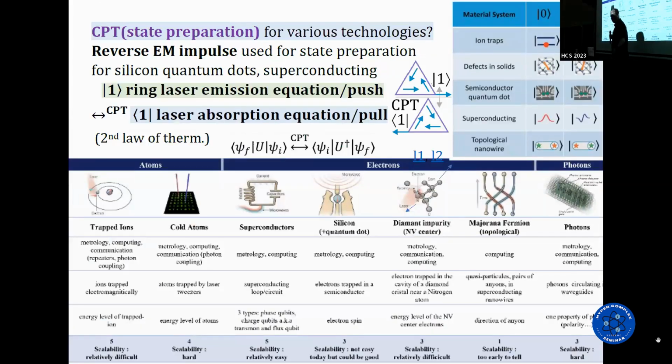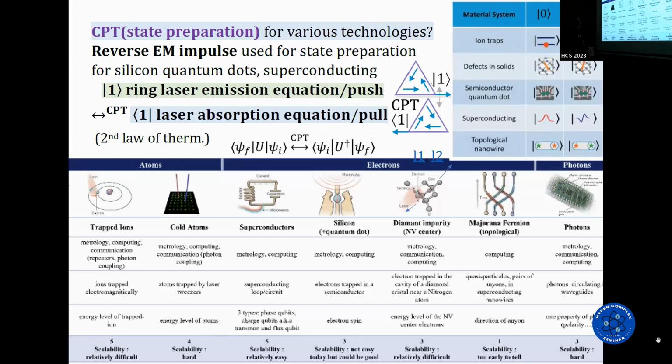There are obviously many technologies, and each technology should be thought about separately. We need to take a look at the state preparation process and think about whether we could reverse this process. So from the safety perspective, we perform the state preparation process. If it is just an electromagnetic impulse, then it should be easy to reverse: just use the opposite impulse in the controller.